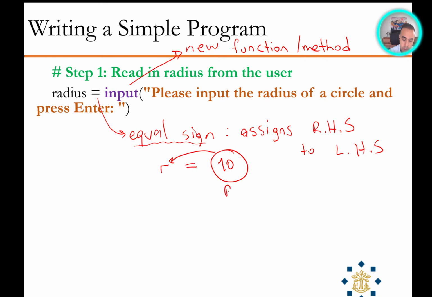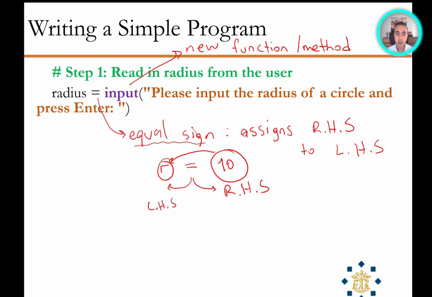So this one is the right-hand side, that's the right of the assign sign. And this one is the left-hand side, that is the left of the assign sign. So what it does is assigns the value on the right to the variable on the left.